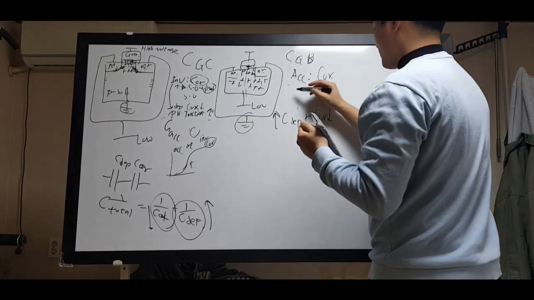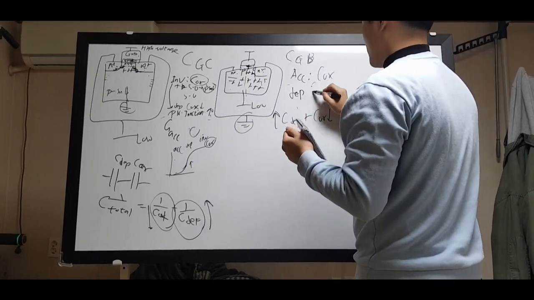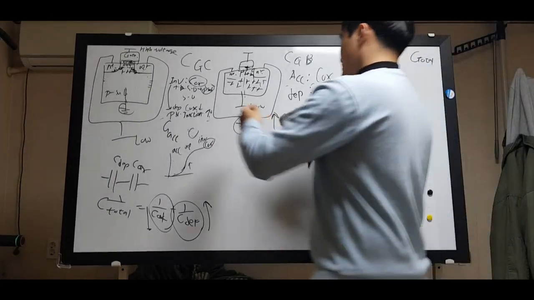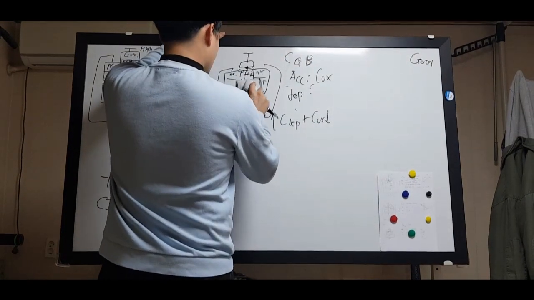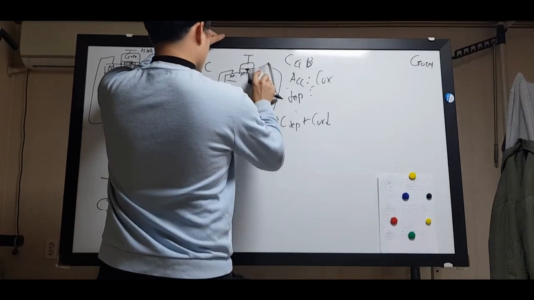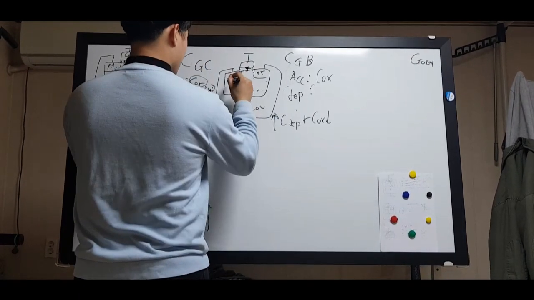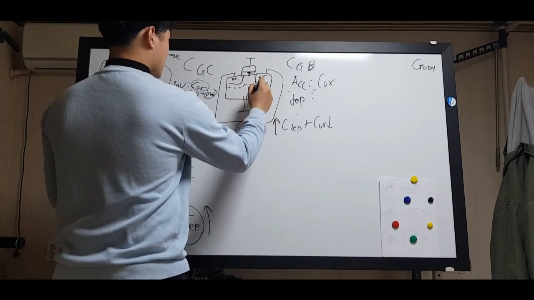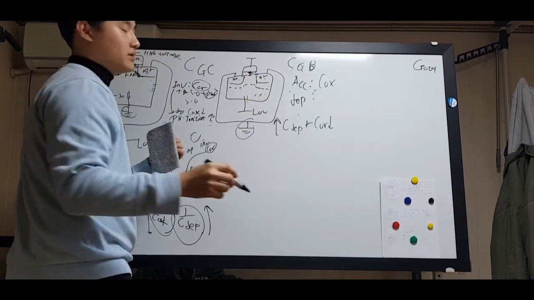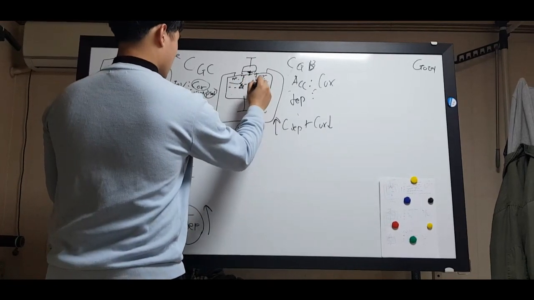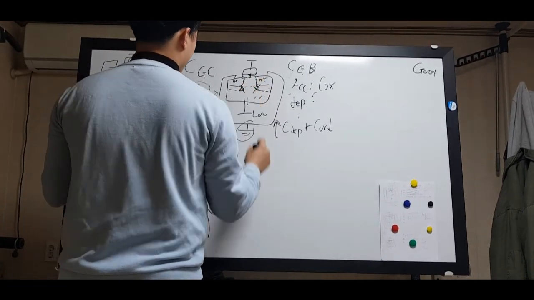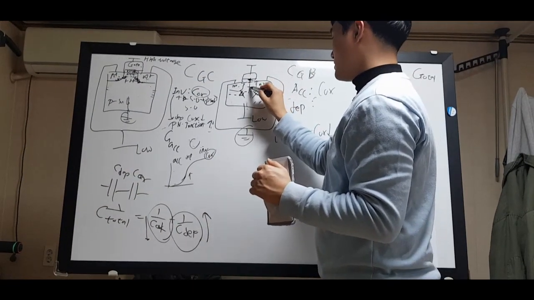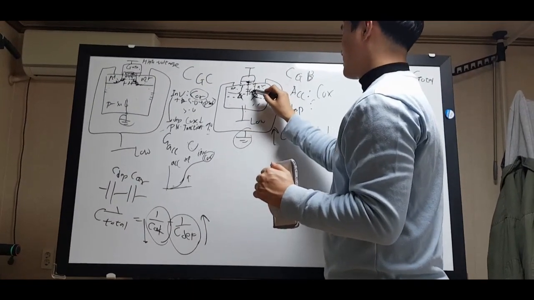And second, the depletion mode. In this situation, the depletion region will be induced. There will be capacitance from the source and drain to the body, and then the oxide capacitance and the depletion region's capacitance.